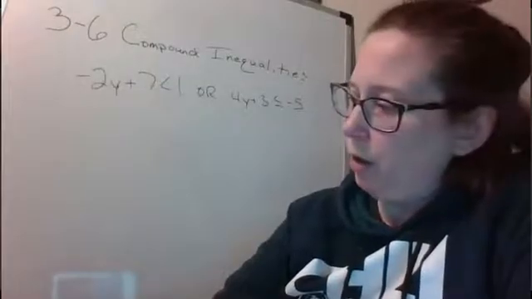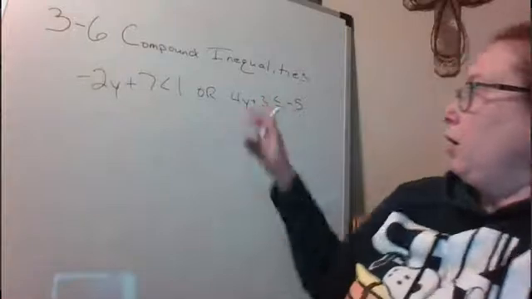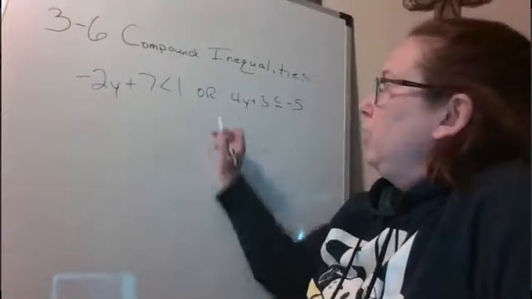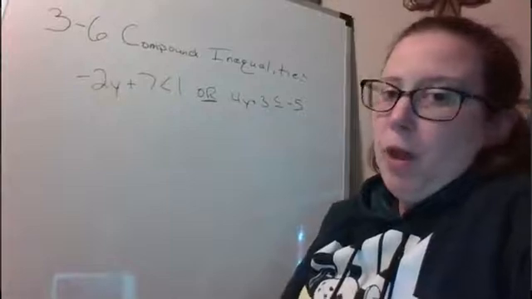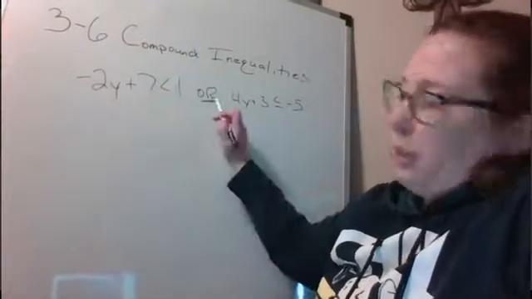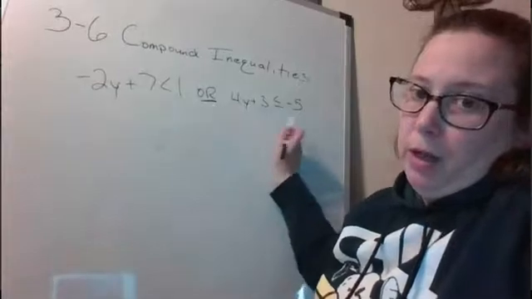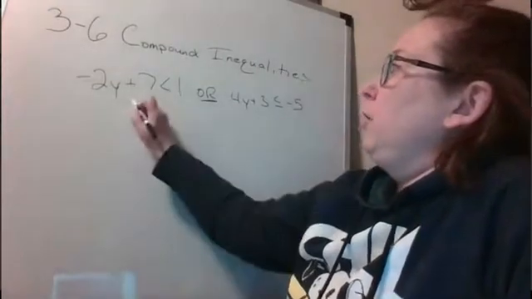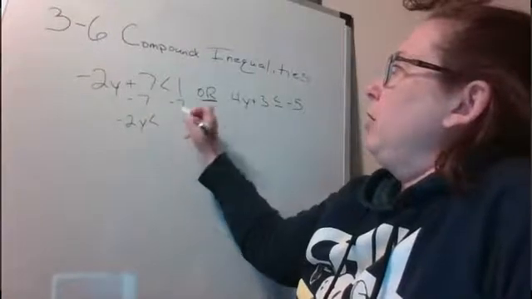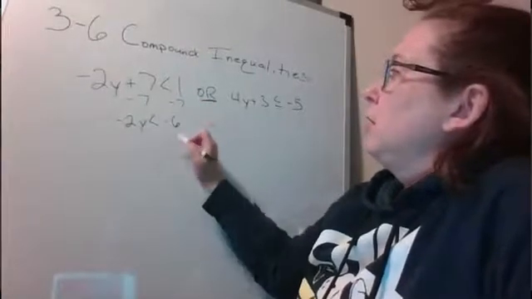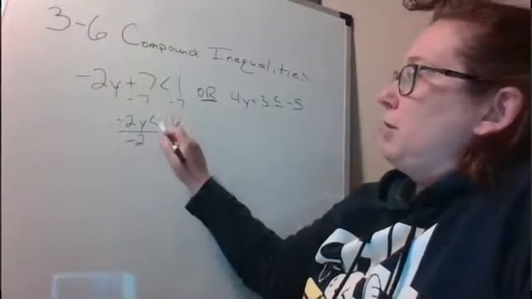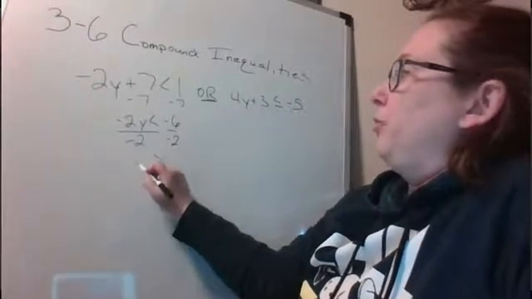All right, so we are on Got It 4 here. You can see I have my inequalities up on the board, and this is an OR situation. I recommend when you have an OR that you write your first inequality and then write OR between, and then your second inequality. You are then going to solve your inequalities. Notice here I'm going to divide by a negative, which means that inequality has to flip.